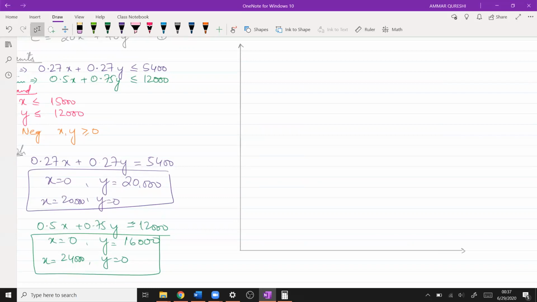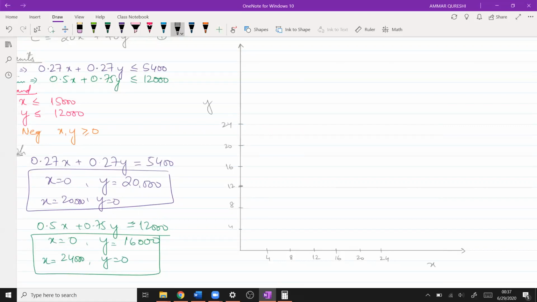So 4,000, 8,000, 12,000, 16,000, 20,000, and 24,000 on both axes, right? So this is X and this is Y.